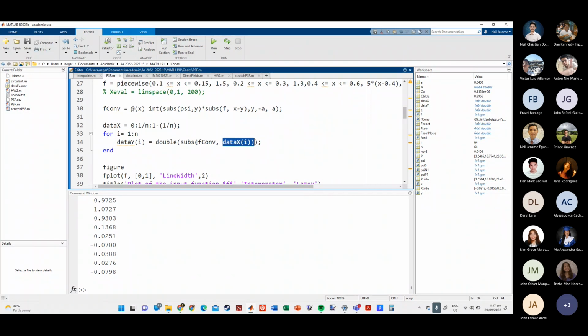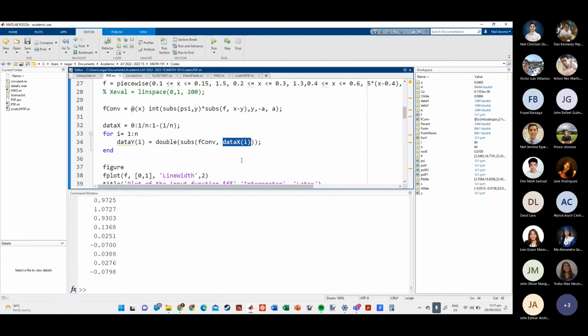So baling gagawin ko lang, magsa-substitute ako ngayon, so kaya may subs dyan. Magsa-substitute ako dun sa na-compute natin na f convolution kanina. So lahat ng variables kay f convolution, papalitan ko lang ng value nung nasa loob nung vector data x.